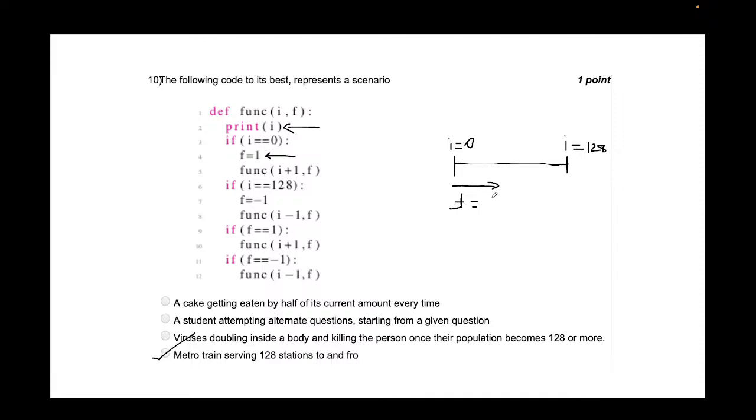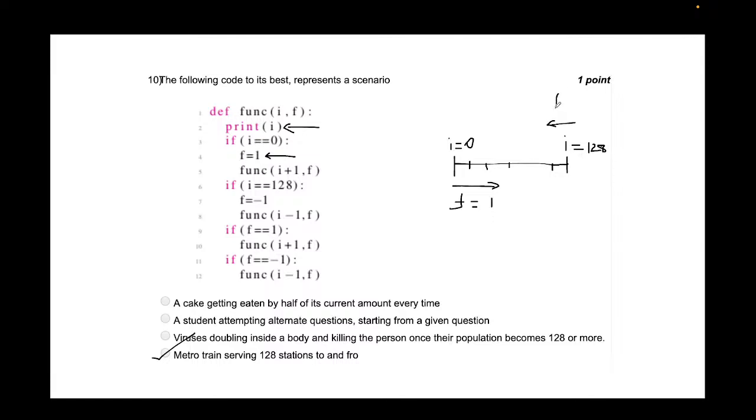So if f is equal to 1, the function is called with station plus 1, so it is incrementing recursively. Our station number is incremented 1, 2, 3, and so on, up to 127, 128.